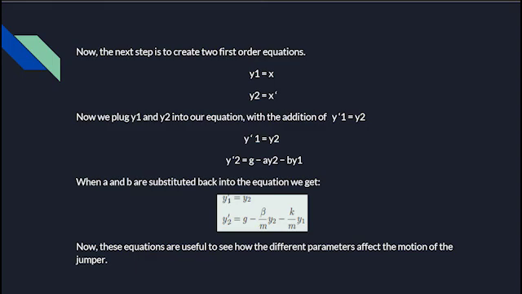Now, we plug y1 and y2 into our equation with the addition of y1 prime equal to y2, and we will get y2 prime equal to g minus a y2 minus b y1. When a and b are substituted back into the equation we will get y2 prime equal to g minus beta over m y2 minus k over m y1. Now, these equations are useful to see how the different parameters affect the motion of the jumper.